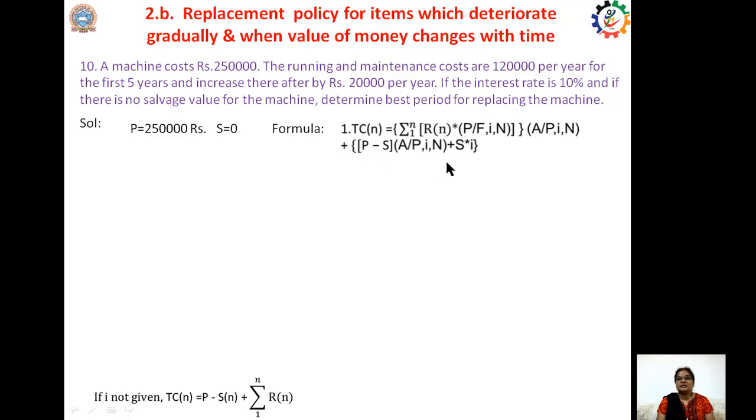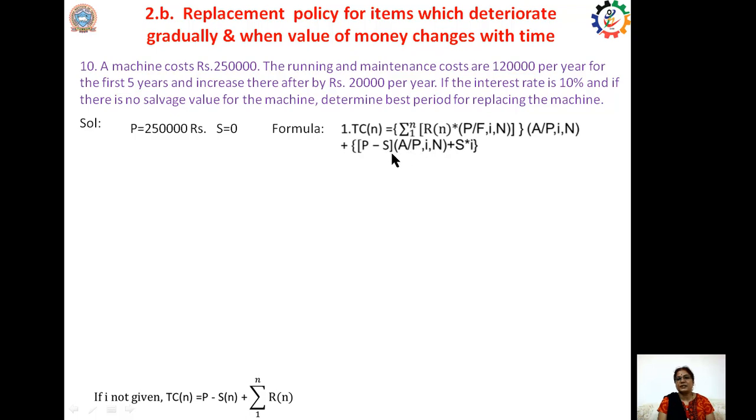There is a factor called capital recovery factor which will convert P and S put together into an annuity. So it is called the capital recovery factor. Make use of it here. P minus S, after subtraction you have to multiply by this factor. This factor converts the given P value into A.